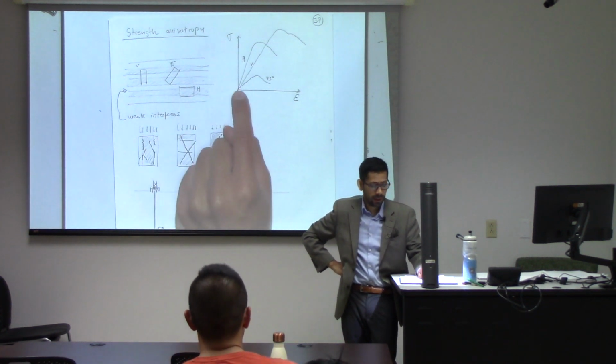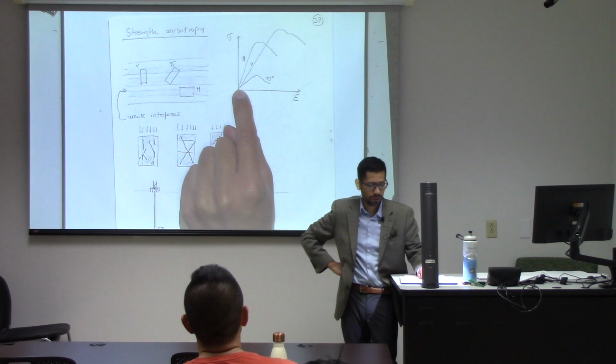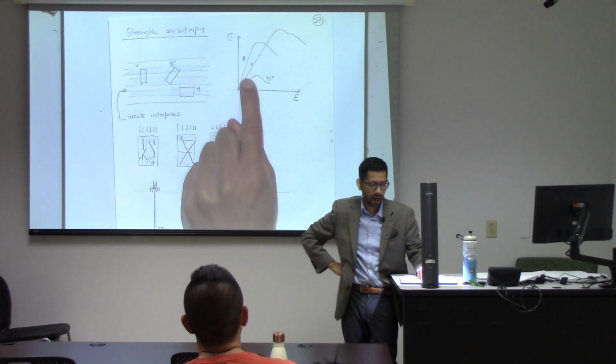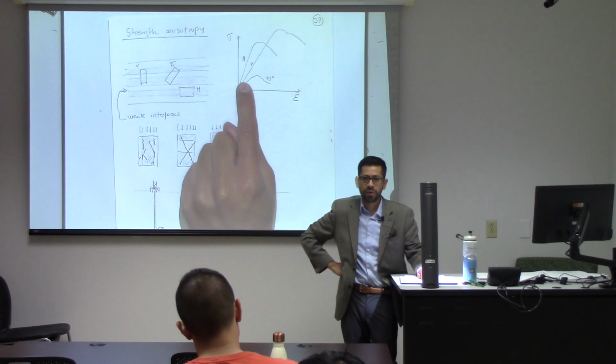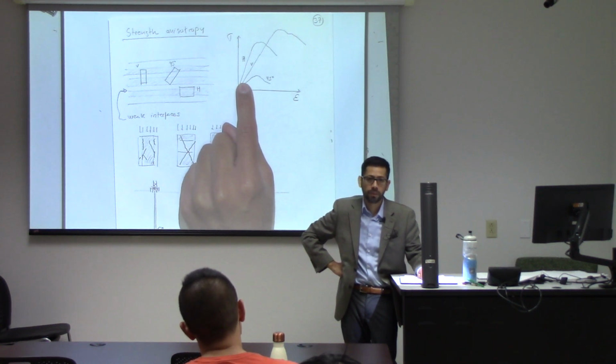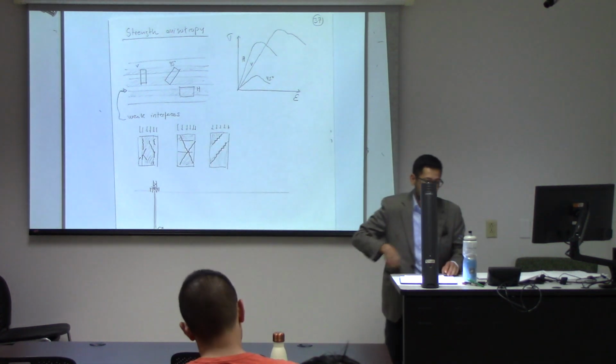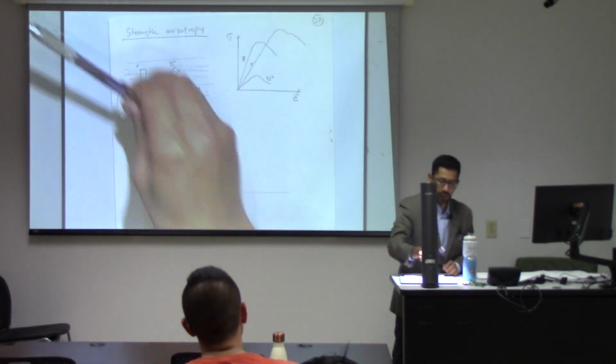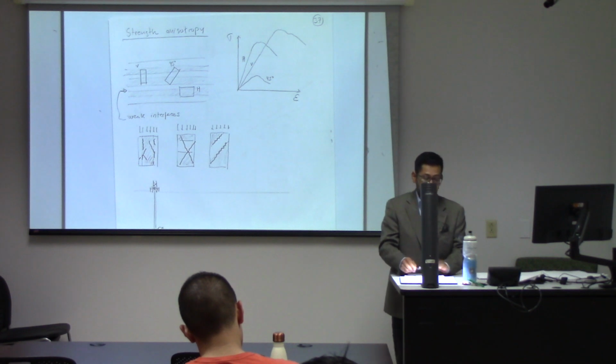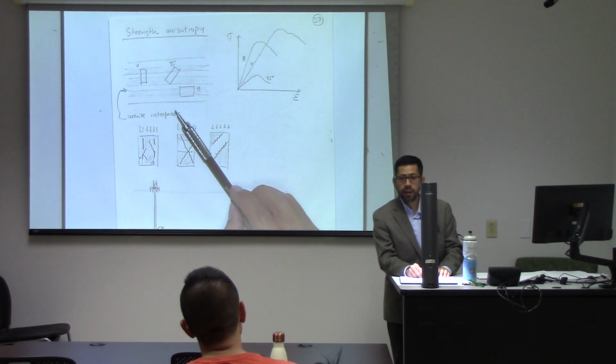And it's not only the elasticity that is different, but rocks also tend to have a very strong strength anisotropy. So the maximum stress that they can take also depends on orientation. Many times that's due to the lamination of rocks and the presence of weak interfaces.